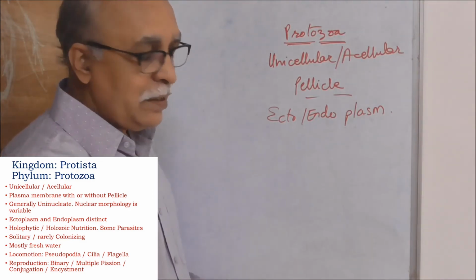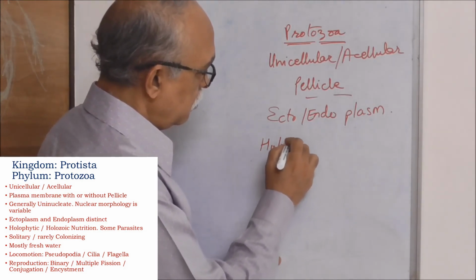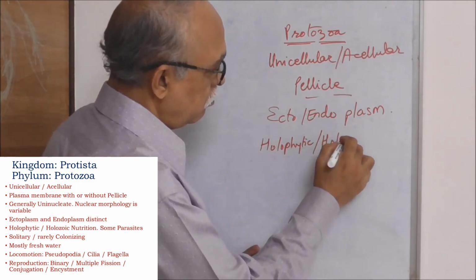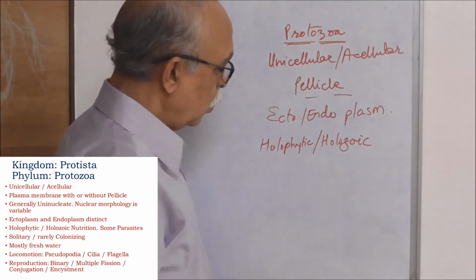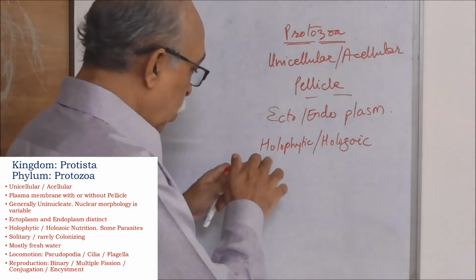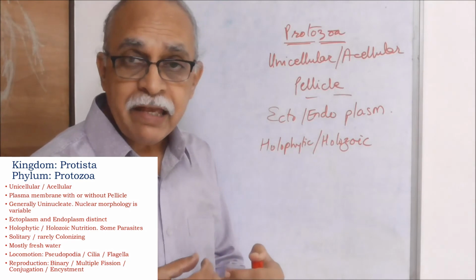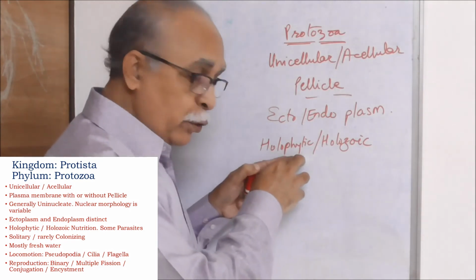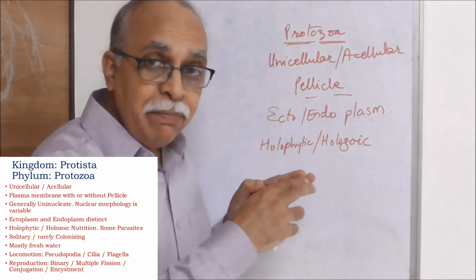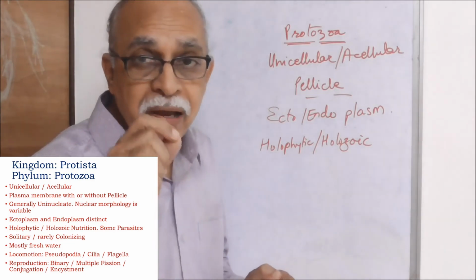Mode of nutrition, if we consider, these could be holophytic or holozoic. The word holo stands for entire. The organism would be engulfing the entire. Phytos stands for plant and zoon stands for animal. Now here what I mean by plant is a plant-like microorganism. Could be a bacterial cell.